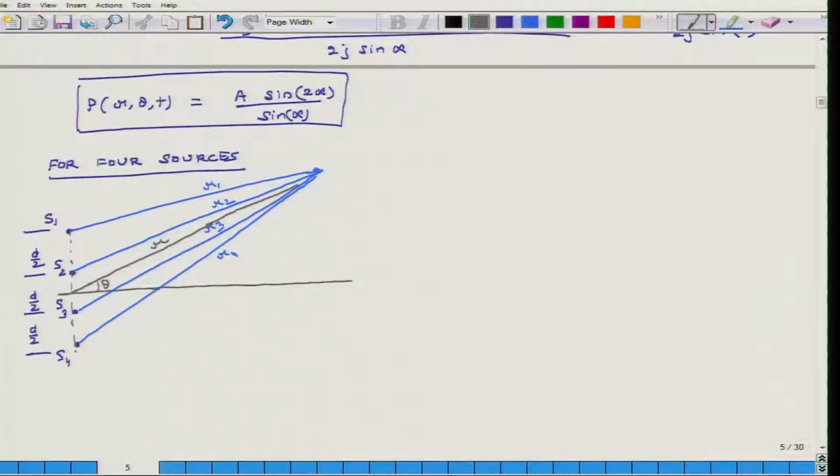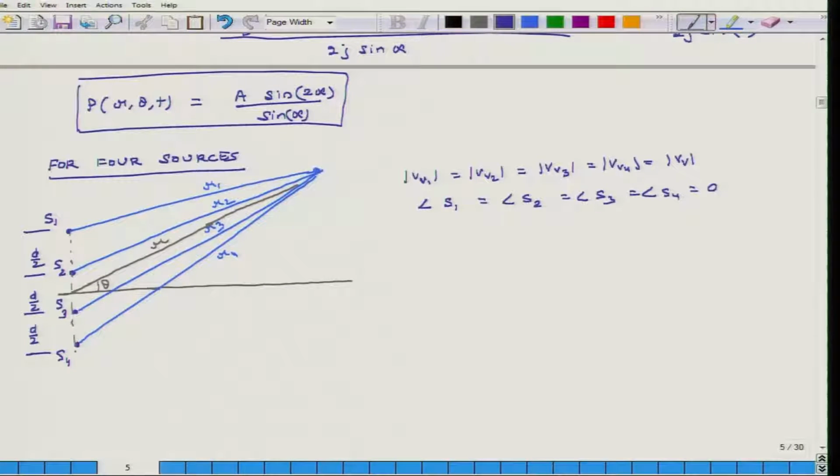So, here we say that volume velocity magnitude of VV1 is same as magnitude VV2 is same as magnitude VV3 is same as magnitude VV4 is same as some common number VV, and also phase of S1 is equal to phase of S2 is equal to phase of S3 is equal to phase of S4, and this is equal to 0. Okay.